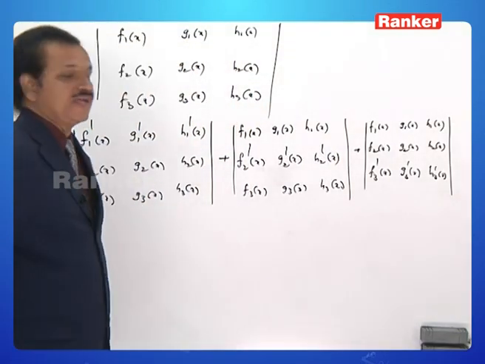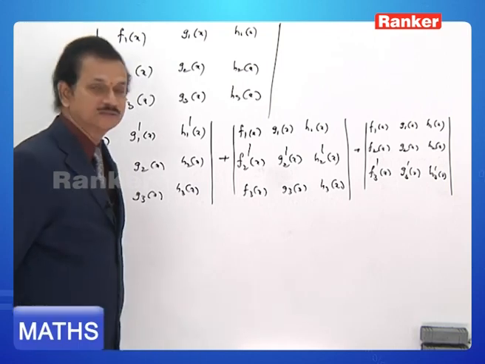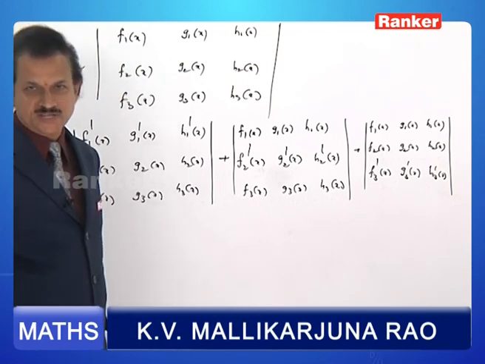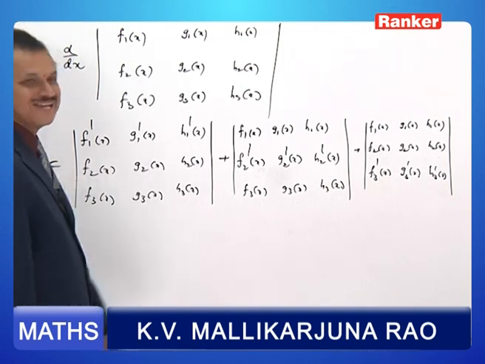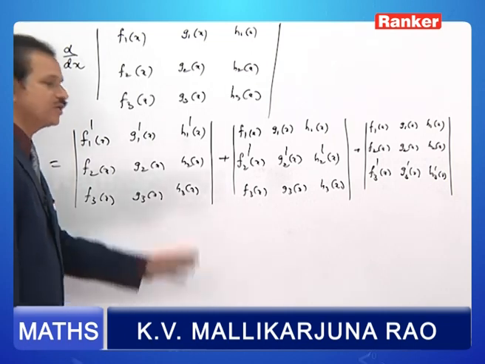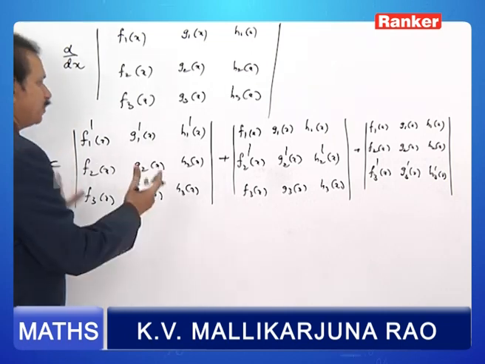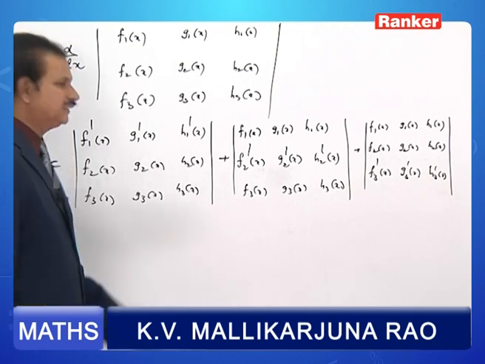This is the way in which we differentiate a determinant. Okay, you must proceed like this. Let us have one such illustration regarding this. This is the principle, rather procedure, rather pattern, whatever you call, style.